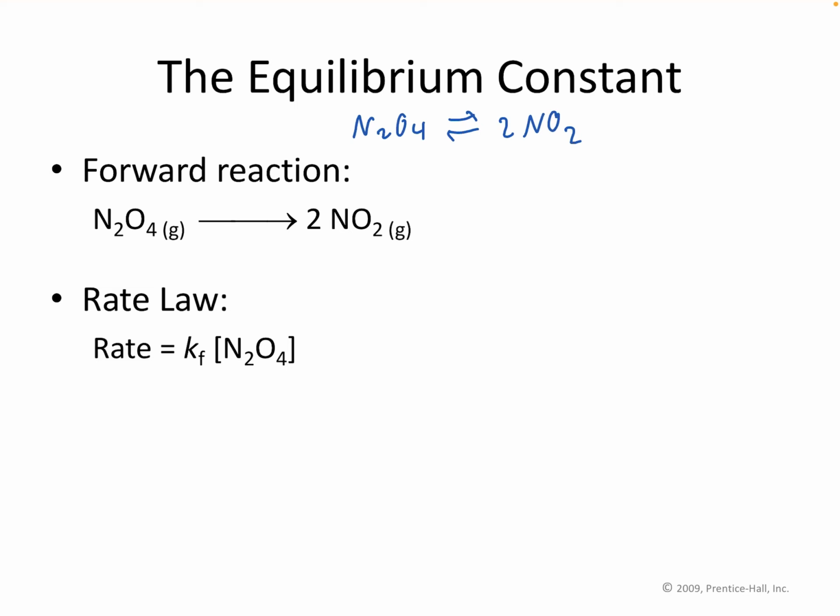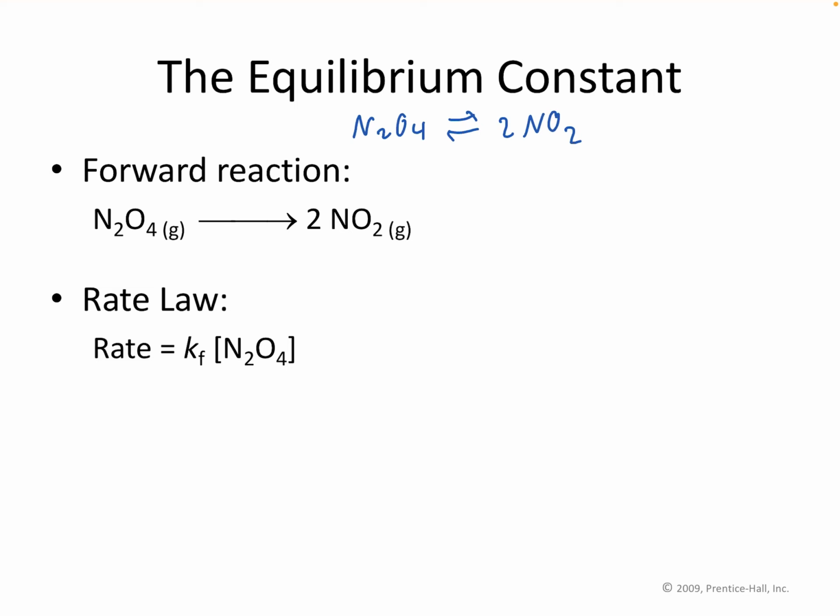At that time, I told you, you don't want to assume the coefficients in the balanced equation dictate the rate law. That's definitely true, but when we have a really simple process, it turns out that the coefficients in the balanced equation do dictate the rate law.